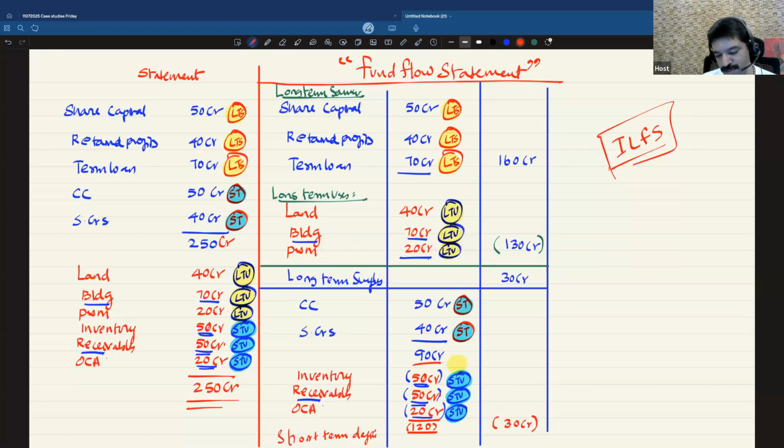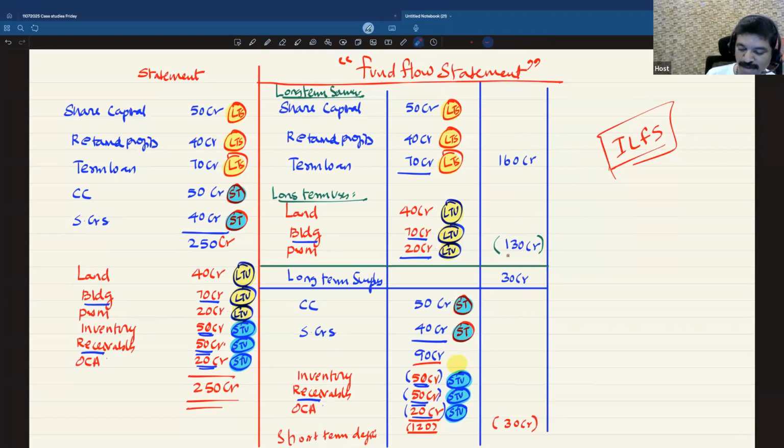Now, my agenda was to, first of all, introduce what is the fund flow statement. Because once you get clarity on the purpose of the statement, then you will develop the ability to read the statement. Now you got the purpose of the statement: to communicate what is the long-term funds, what is the long-term use, whether there is surplus or deficit, and how that surplus is handled.